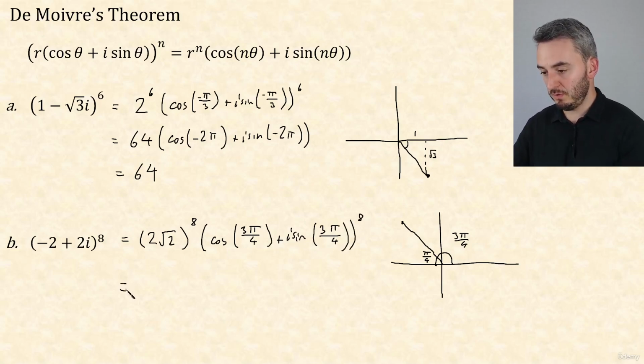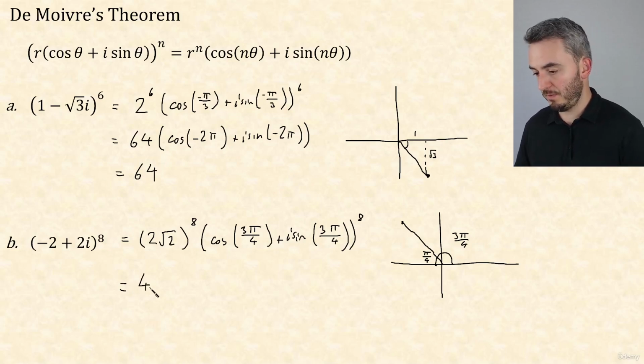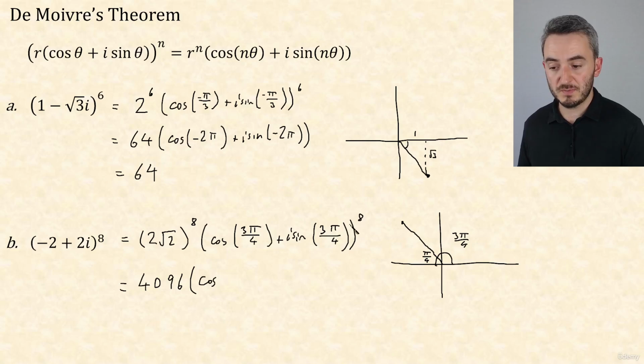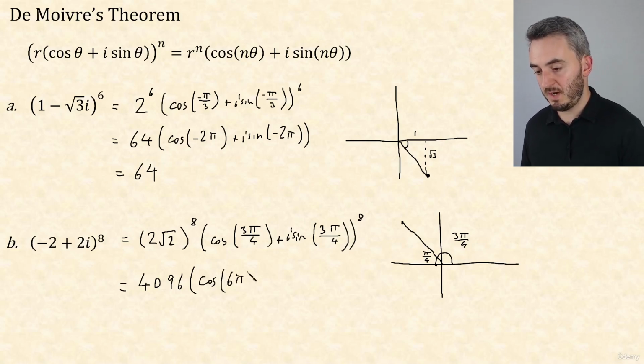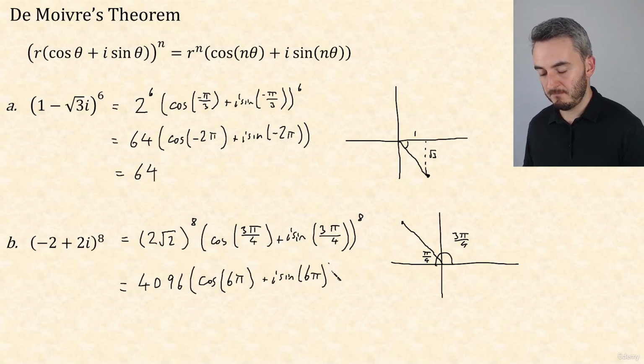So 2 root 2 to the power of 8 is big. It's 4096. Then we can bring our 8 inside here, and when we multiply 3 pi over 4 by 8, we get 6 pi. So that's cos of 6 pi plus i sine of 6 pi.